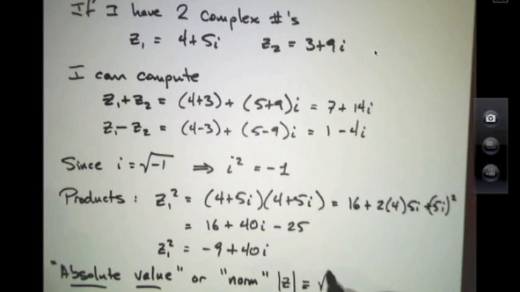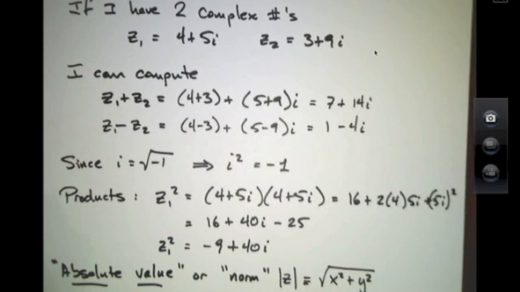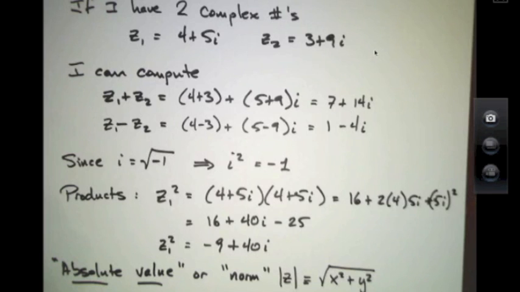And this is defined as the square root of the real part squared plus the imaginary part squared. So in a sense, that's a lot like the magnitude of a vector, or the magnitude of a radius or something.